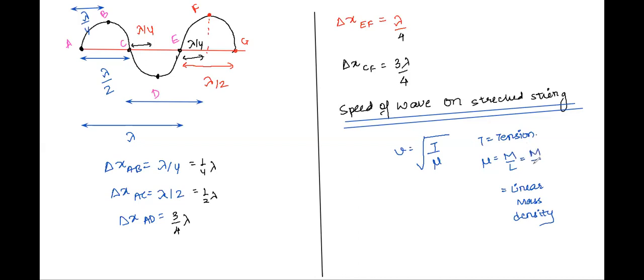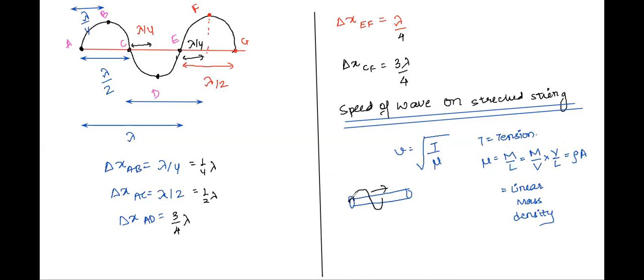In order to transform this, let us multiply and divide by volume. So it becomes density into cross section area. Suppose this is the string along which any transverse wave is traveling.